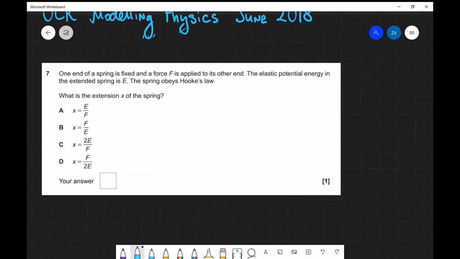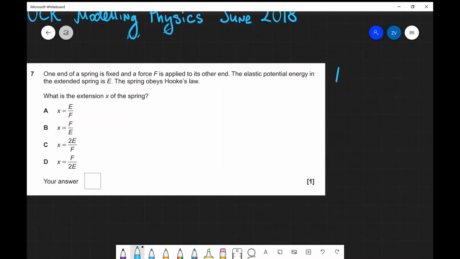Question number 7. One end of a spring is fixed and force F is applied onto the other end. The elastic potential energy in the extended spring is E. The spring does obey Hooke's law. What is the extension of the spring? Well, let's start off with writing out a formula for the potential energy of a spring. That's equal to a half times the force applied times the extension.